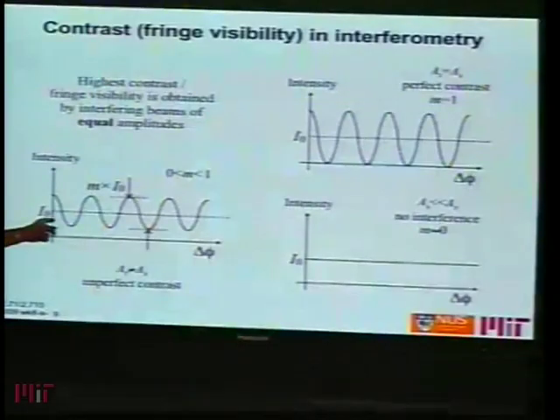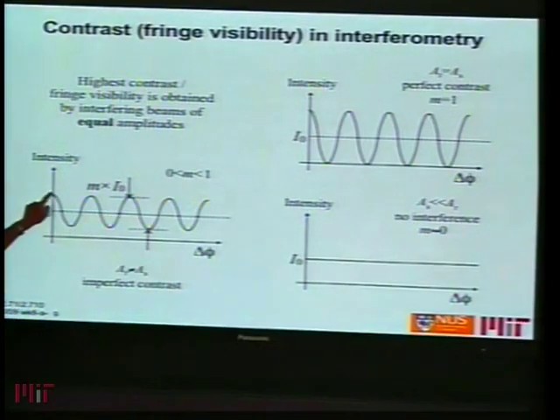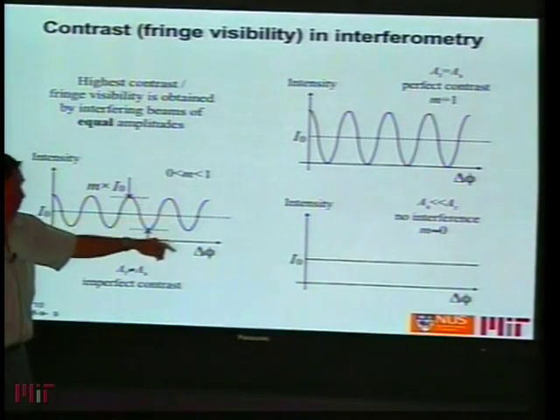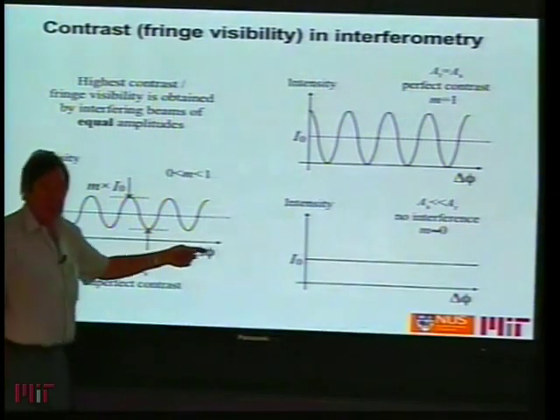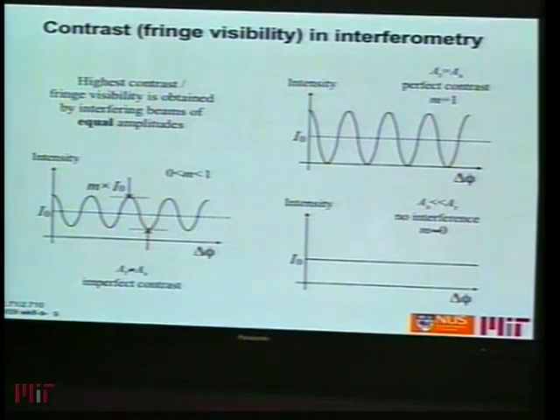So this plots what you would see as a function of delta phi, for a particular value of M. There's some background, sometimes called the bias, and then you've got some wiggles on top of that. Delta phi could change in a number of different ways, of course.